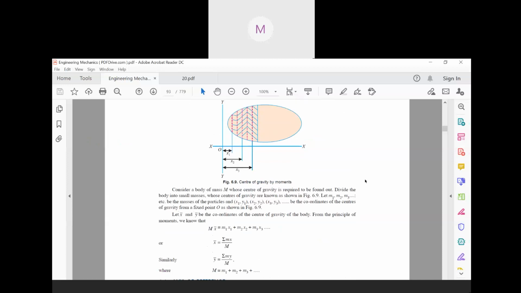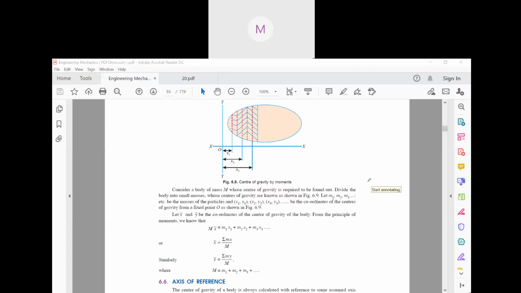So how will you find out the coordinates of the center of gravity? The most important thing here is to find out the coordinates of center of gravity. Now look, if you consider this as the whole body of mass capital M, then the small parts are m1, m2, m3.